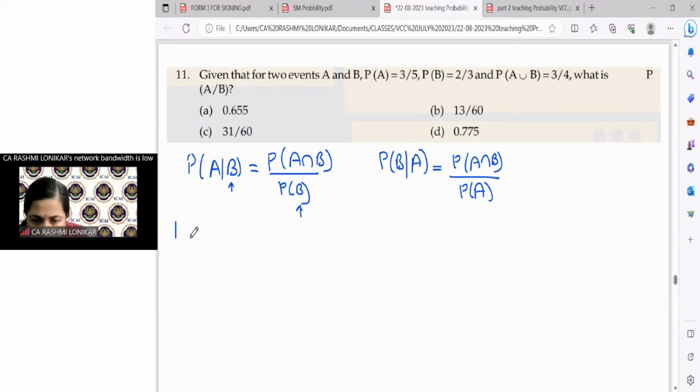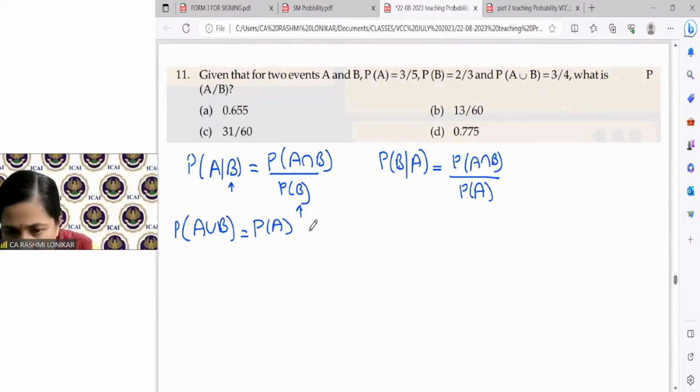Also, you know P of A union B is equal to P(A) plus P(B) minus P(A intersection B).